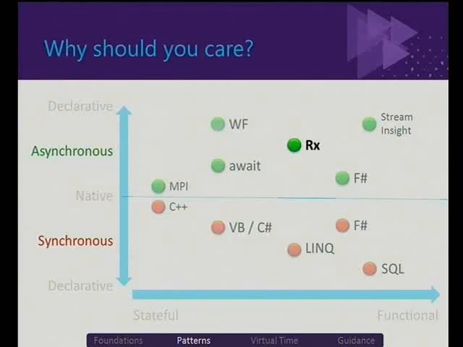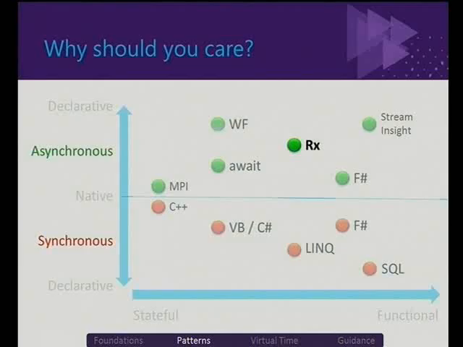This is about asynchronicity, being able to program your program flow asynchronously. What we have here is going from native, close to the bare metal, to very abstract. We have stateful systems going through to functional, or removing state as much as possible, or immutable state.